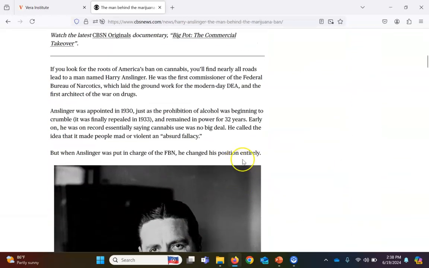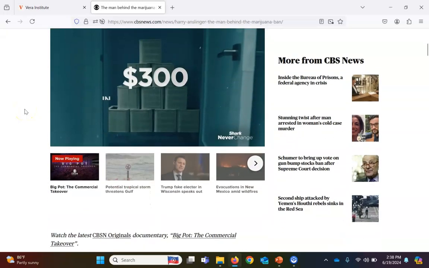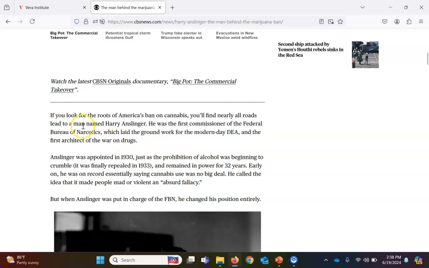So I pulled this from CBS News, written November 17th, 2016. If you look for the roots of America's ban on cannabis, you'll find nearly all roads lead to a man named Harry Anslinger. I said Henry, my apologies. He was the first commissioner of the Federal Bureau of Narcotics, which laid the groundwork for the modern DEA.